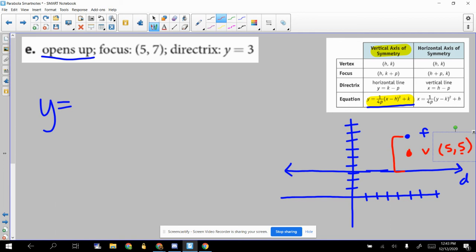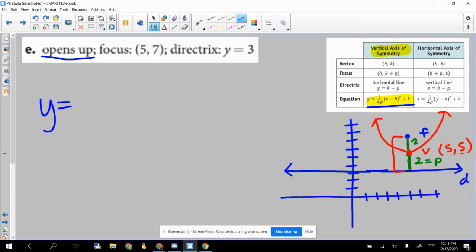Then we know that this is going to open up, so this is kind of what the parabola looks like. But really, we just need to figure out what this p-value is. Remember, it's the same distance from the vertex to the focus and the vertex to the directrix. And both of those should be 2. So now we know that our p-value is 2.